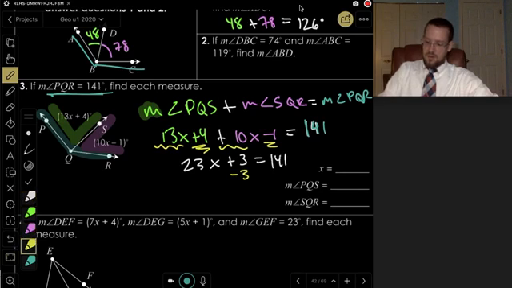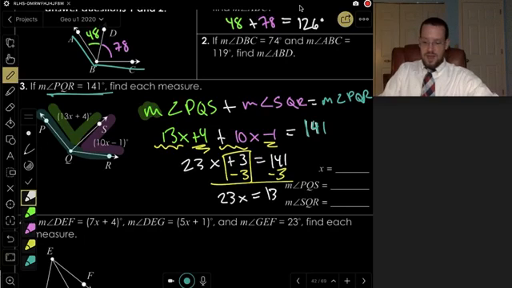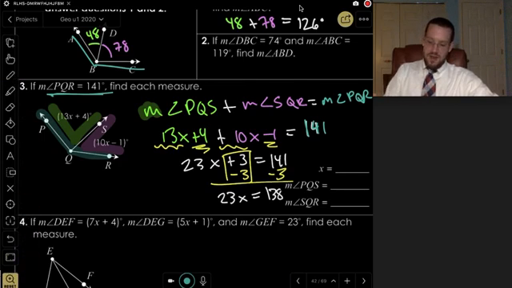Now this is just a two-step equation. We're going to subtract 3 from both sides. Those 3s cancel, and we have 23x is equal to 138. Since we all know our 23 times tables so well, we know that x is going to be 6.